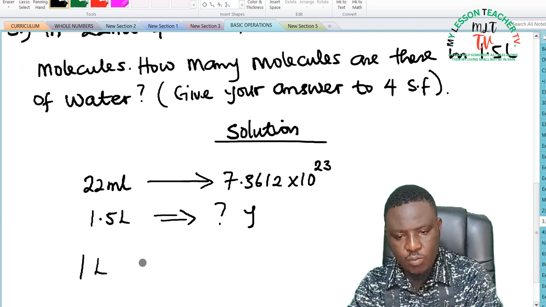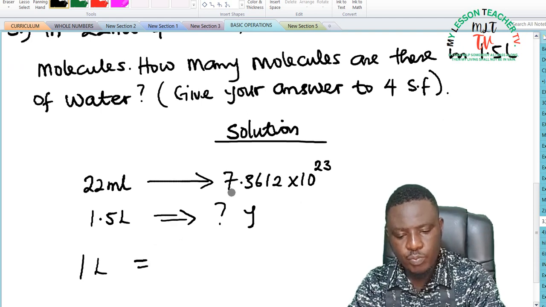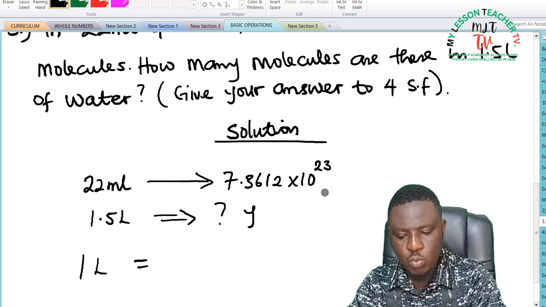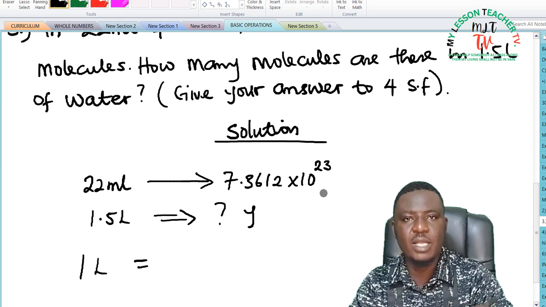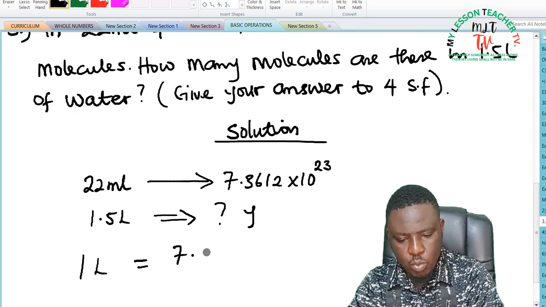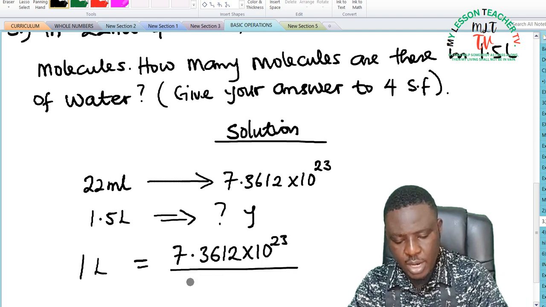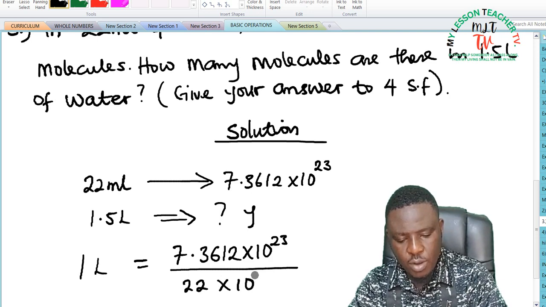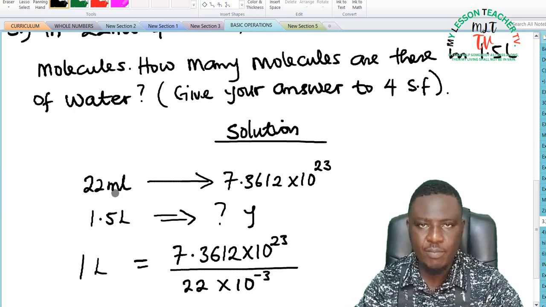So in 1 liter, the quantity of molecules we have will be equal to the quantity of molecules in 22 milliliters divided by 22 milliliters. So this will be equal to 7.3612 times 10 raised to the power of 23, all divided by 22 times 10 raised to the power of minus 3, because we are dealing with milliliters.